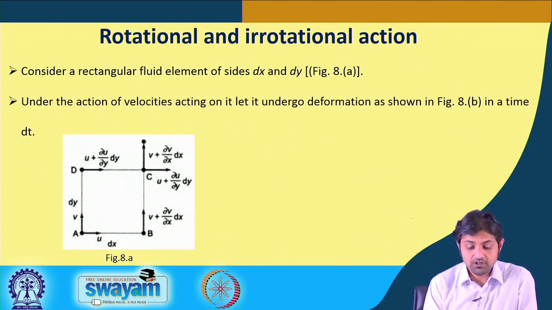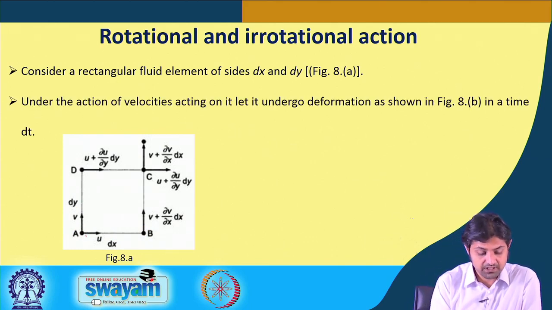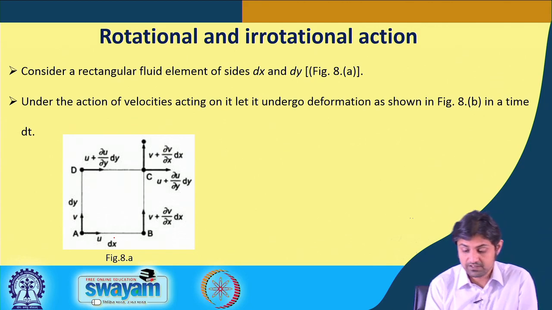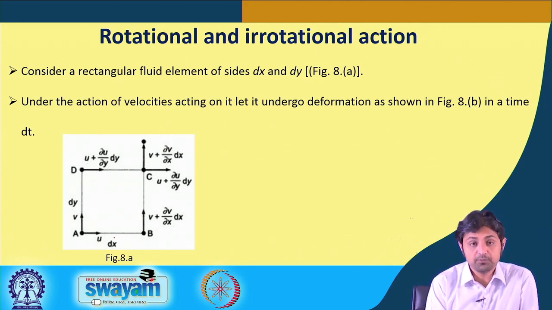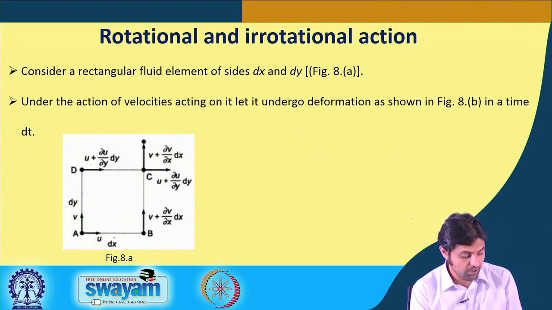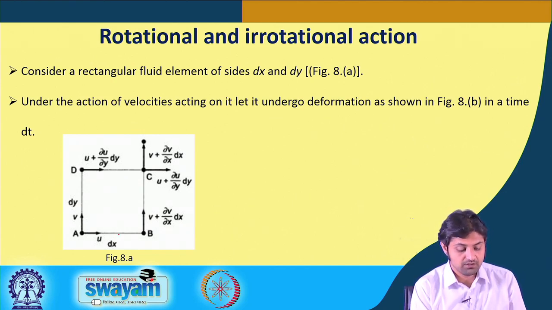Under the action of velocities, at A there is a velocity u in the x direction and v in the y direction. On the side dx it is u and on the side dy it is v. So, this fluid element can undergo a rotation or a deformation, as we can see here.